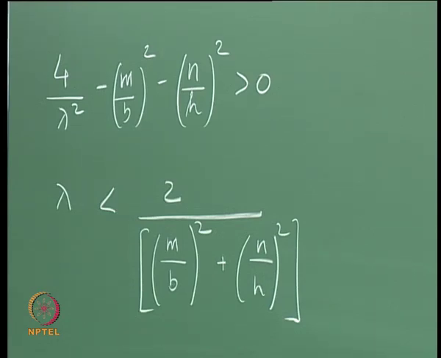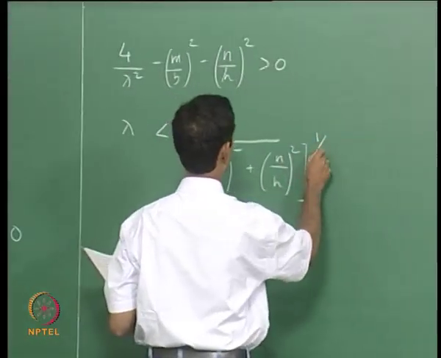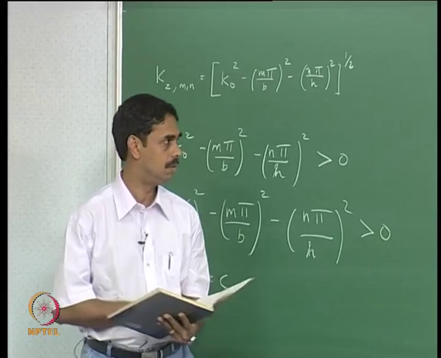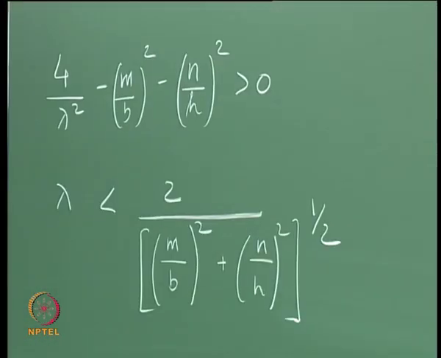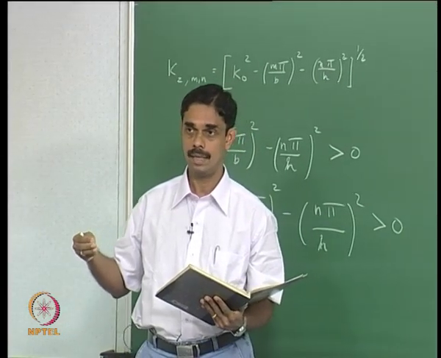It will only be present locally where you set up the sound source. So only if lambda is small, or the frequency is higher than the cutoff value, would you be able to establish the wave in the duct. If not, this would not get established.